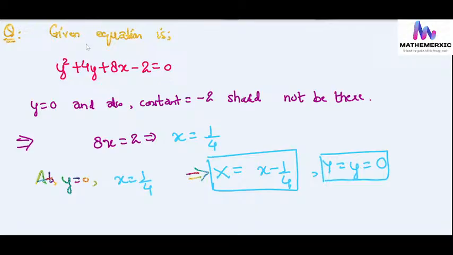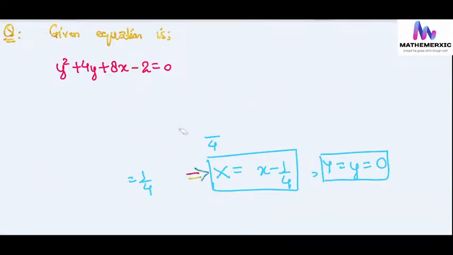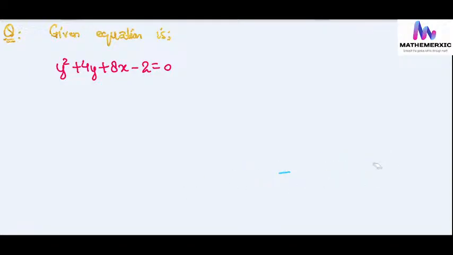So the standard way is a bit different, but I can say that shifting 1 by 4, x minus 1 by 4, so that is 3 by 4. 3 by 4 I can bring from somewhere, but y will be again minus 2 there. So we'll just erase this. One method we tried, but that doesn't seem to be correct. So let us learn from here. We have to learn from the things. Okay, this is the equation.